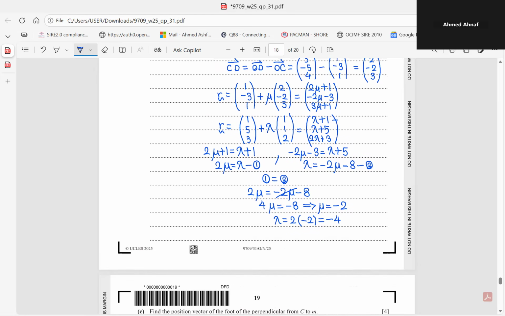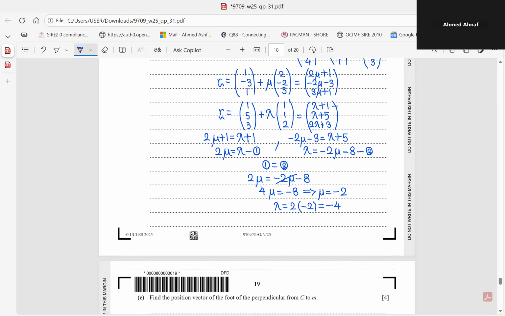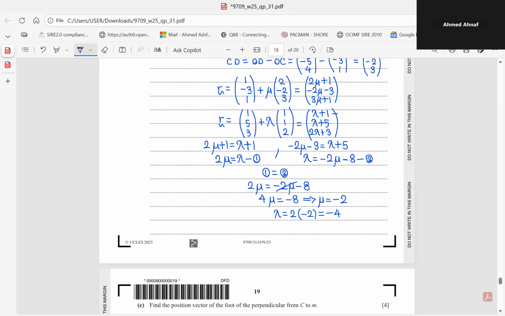Okay, so you just have to find either one, so either mu or lambda. Yeah, so I'm just going to substitute into lambda to get our position vector. So minus 4 plus 1, that's minus 3. Minus 4 plus 5, that's 1. 2 times minus 4, that's minus 8, plus 3, that is minus 5.